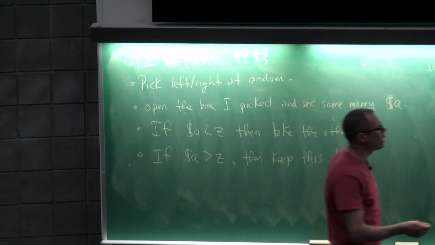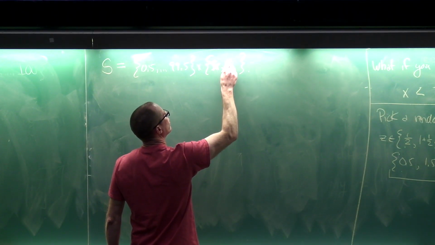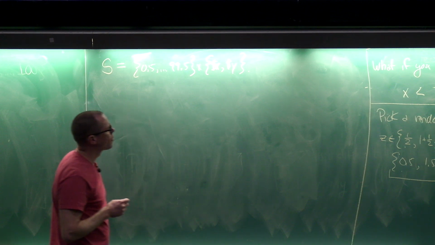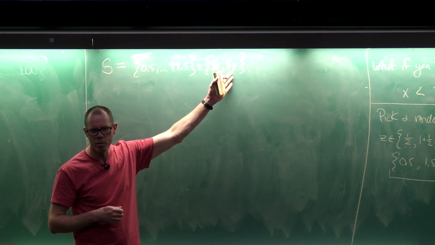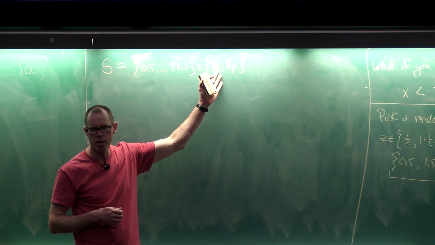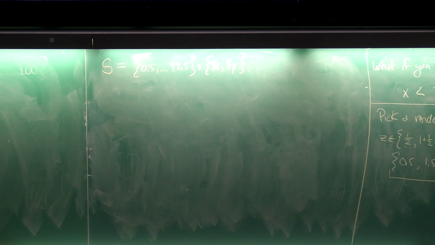And so what I see is either X or Y. I don't know if it's X or Y when I see it, but that's what happens, right? When I open a box, I see X dollars or I see Y dollars. All right.